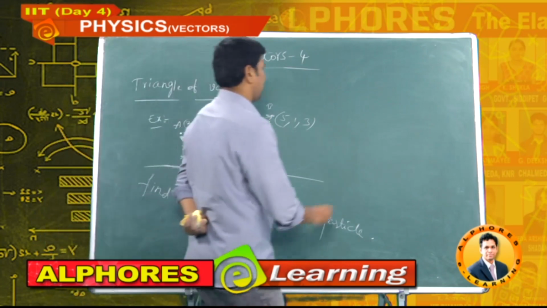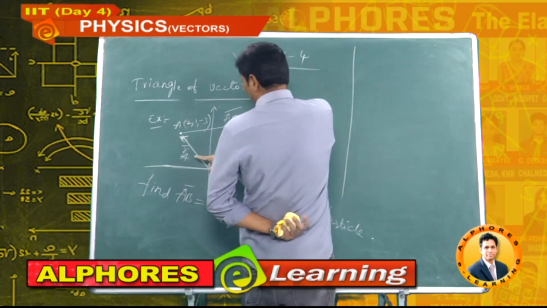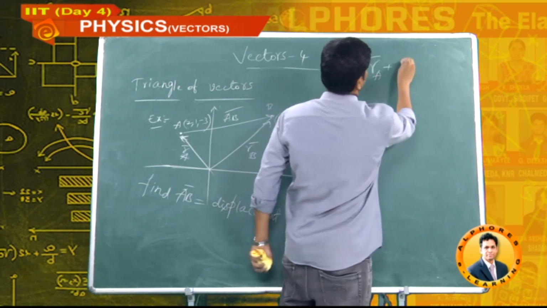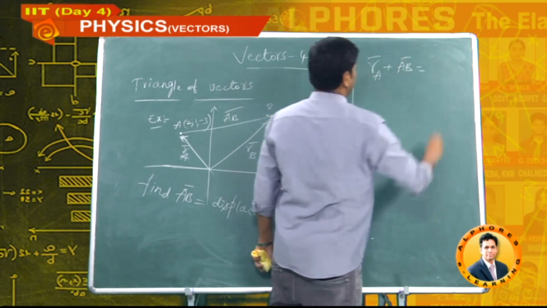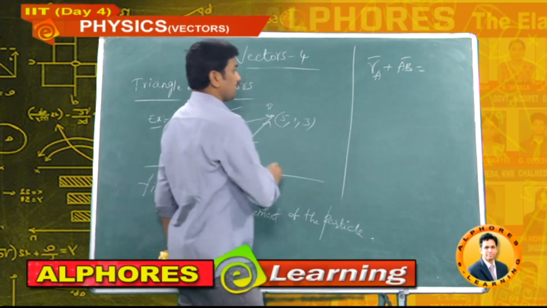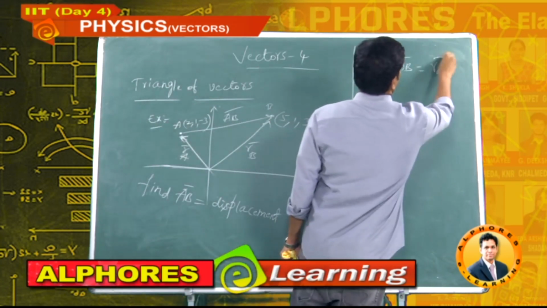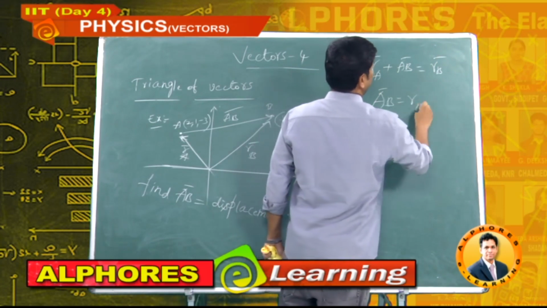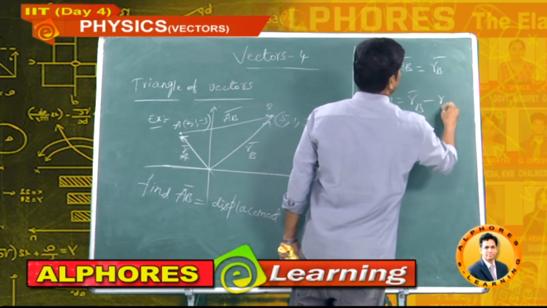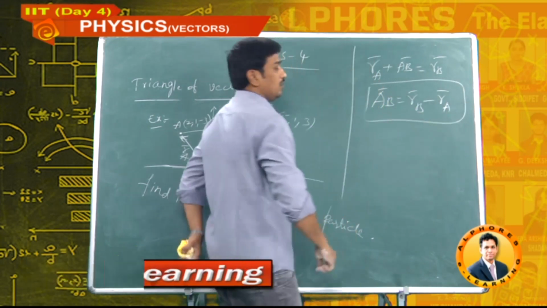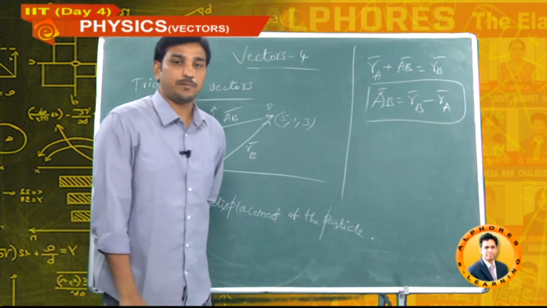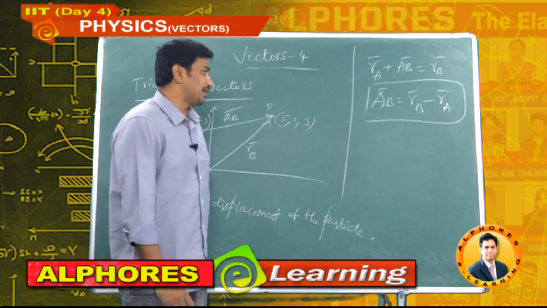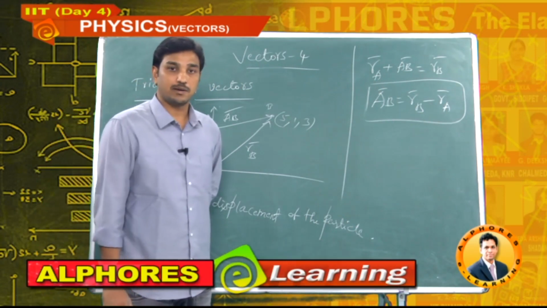Now here I will write RA bar plus AB bar is equal to RB bar, the closing side. Now we should calculate AB bar. What is AB bar? RB bar minus RA bar. To calculate the displacement of the particle from point A to point B, that is AB bar. What is the final result? RB bar minus RA bar.